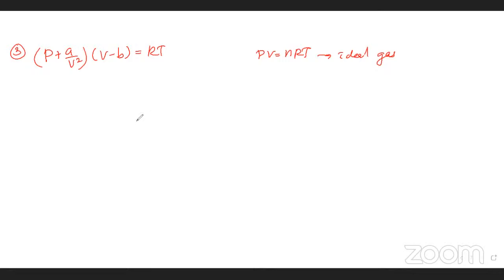So then how do we get the dimensions? Remember this method. It's not difficult, it's easy, right? Here you don't need to worry about the other side. You can consider this side. That's P plus A over V squared, which means pressure can be added to pressure only.